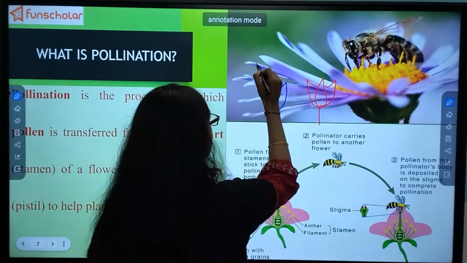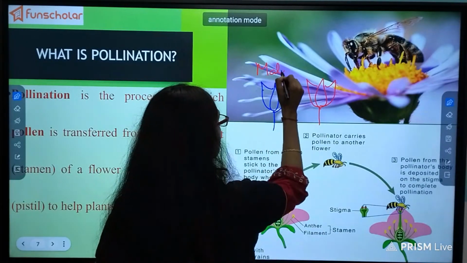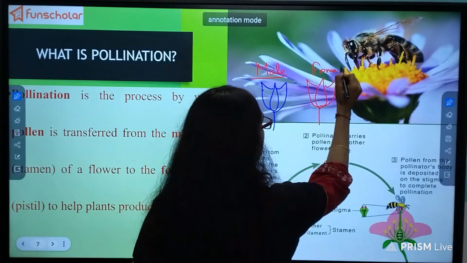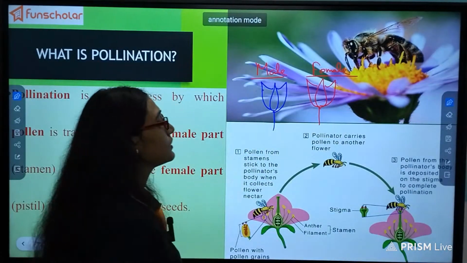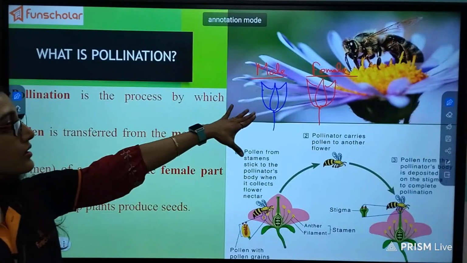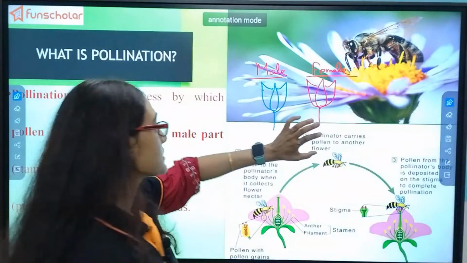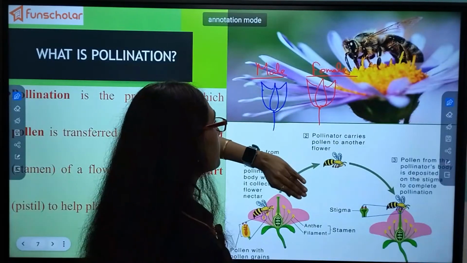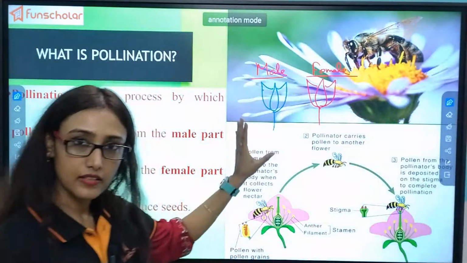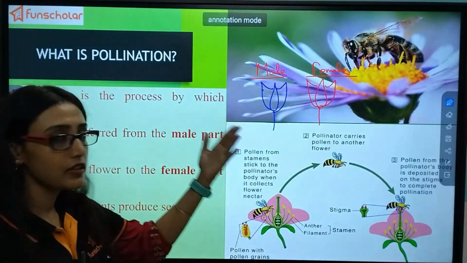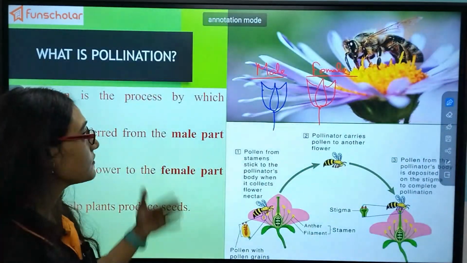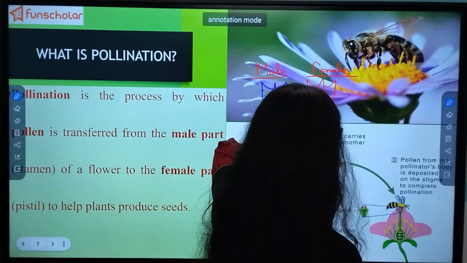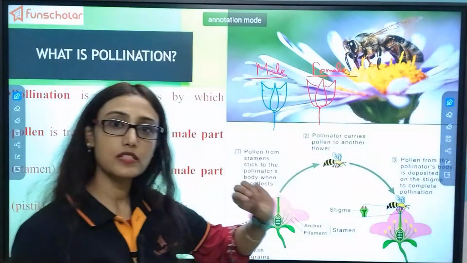This flower is male. This flower is female. Now you know that for the process of reproduction, male and female flowers must come together. That is why you do marriage. When a male father gets married to a female mother, then a newborn is formed.